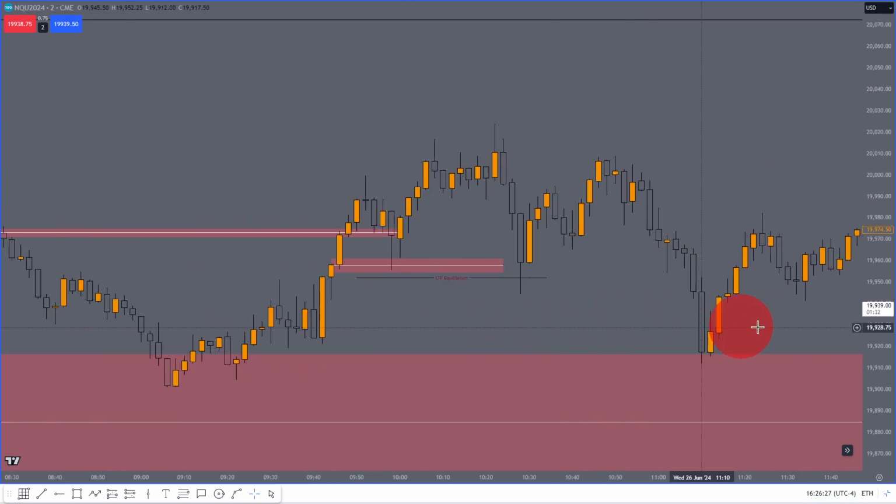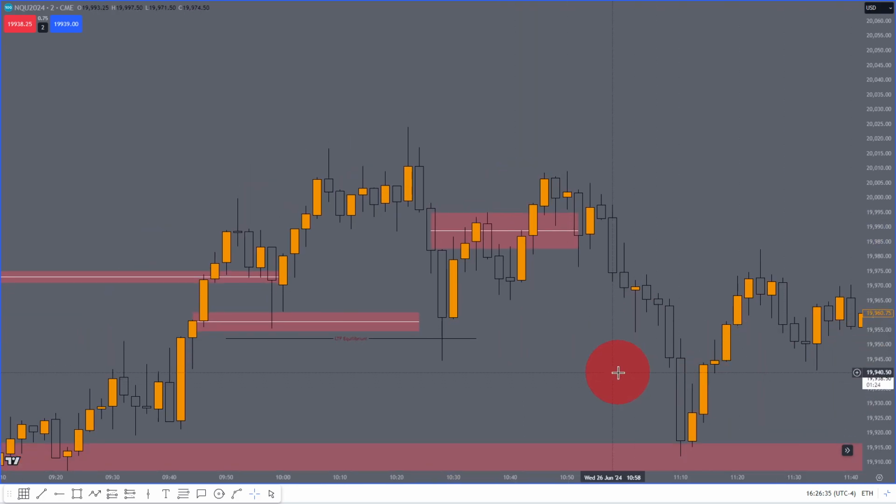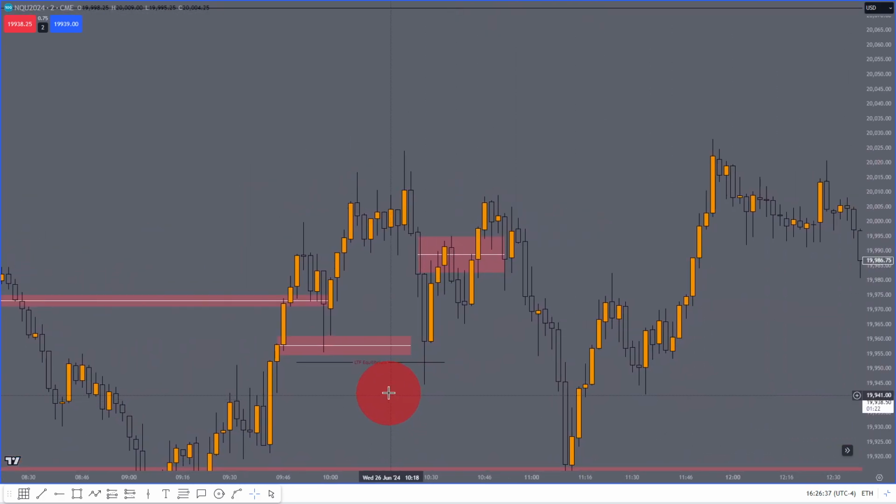Okay, so after we take that, as you can see, we have an imbalance here. So the main thing I want to point out here is basically what we have here is a formation of an anticipation breaker. It's a low, a high, lower low, and then the higher high.